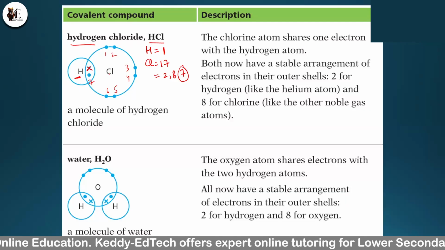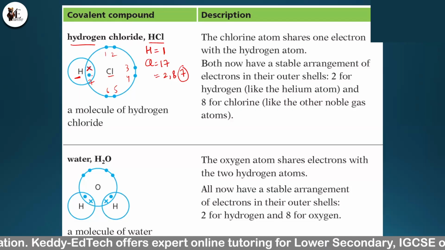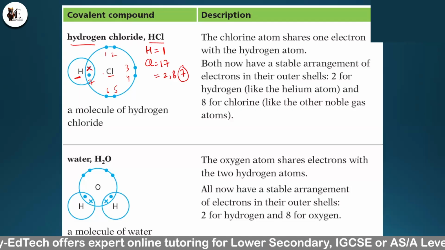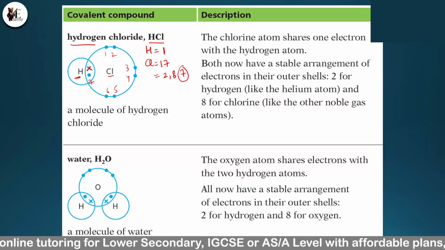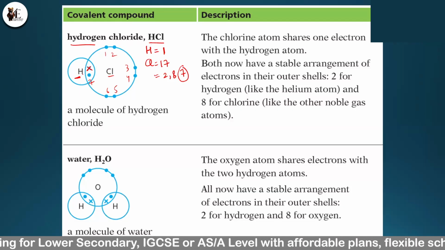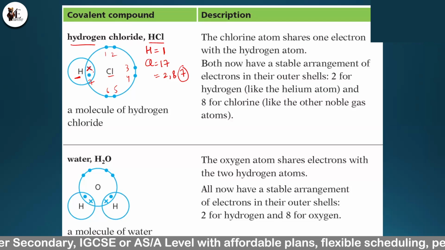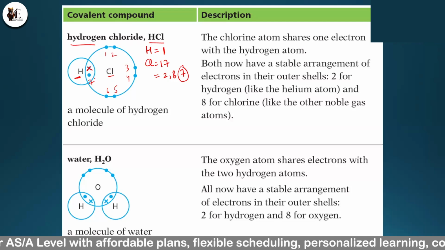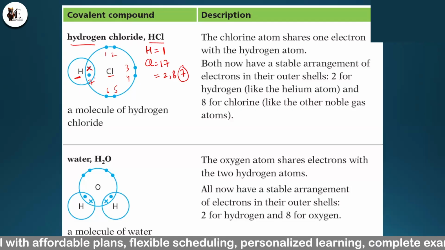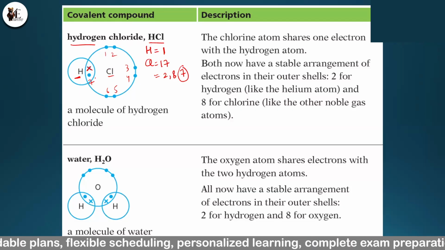Now it is stable. And chlorine also shares 1 electron of hydrogen to now have 8 valence electrons. So chlorine is also stable. So there is a sharing of a pair of electrons, or you can say a sharing of 2 electrons.